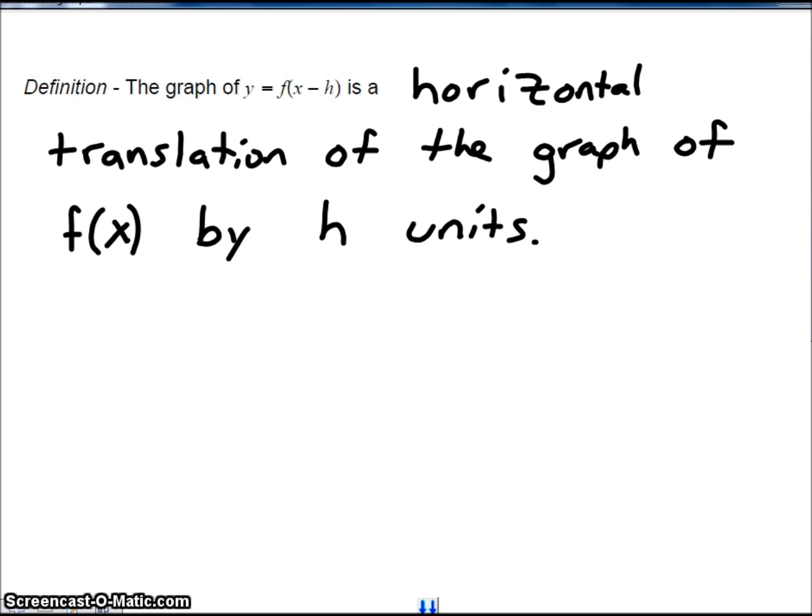This is different. The h is embedded directly into the equation right next to where the x variable is located. So if it's a square root equation, for example, this number would be right inside the square root with the x. If it's an absolute value, this number would be right inside the absolute value. Whereas k in the previous definition is outside the absolute value, or outside the square root. So that's how you'll tell the difference between vertical and horizontal translations.